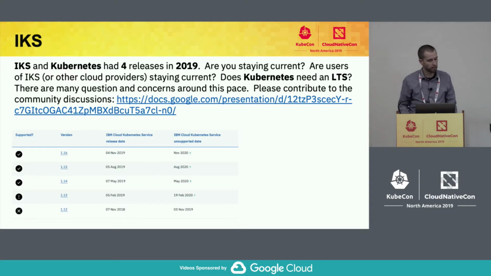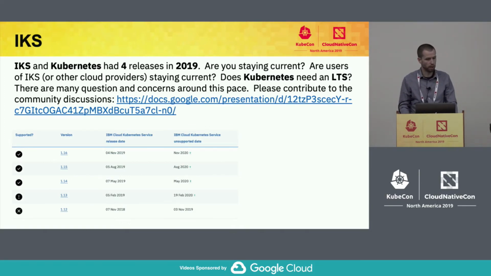So anyway, for IKS Kubernetes, we've had 4 releases in 2019, assuming we get to that 1.17 release from Kube this year, which we should. And one of the questions you have to ask yourself is, are you staying current? And this is a topic that goes well beyond IBM Cloud Kubernetes Service. Any cloud provider has similar discussions. There was one yesterday from Google talking about update strategies. It was a really good talk. If you haven't had a chance, I'd encourage you to go check that out.